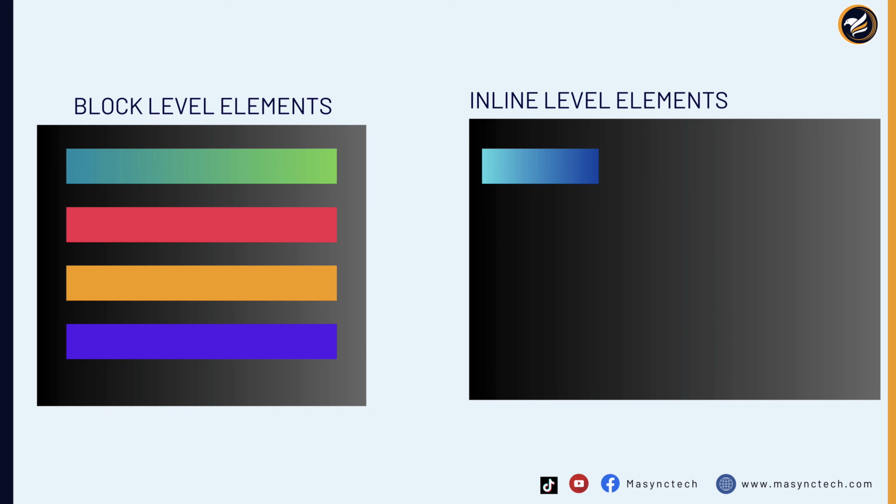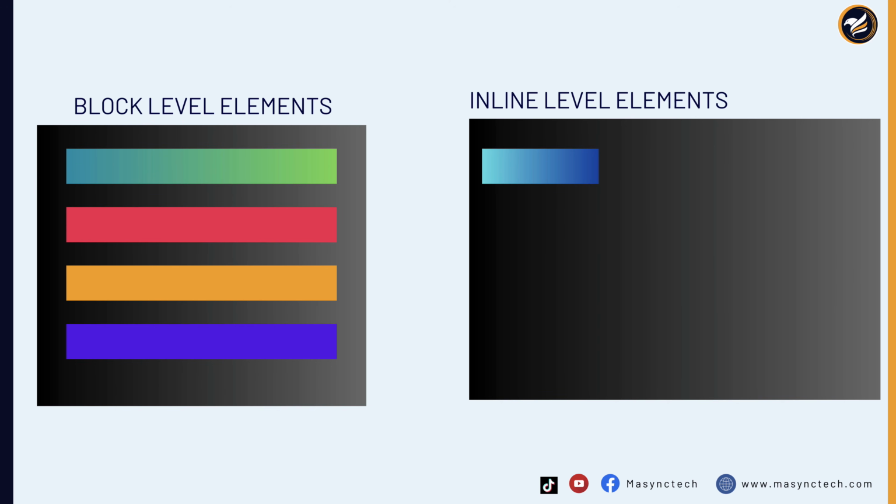Inline elements do not start on a new line and only take up as much width as necessary. They are often used for smaller pieces of content within block level elements. Let's look at some of the characteristics of inline elements. It is the opposite of block level elements.